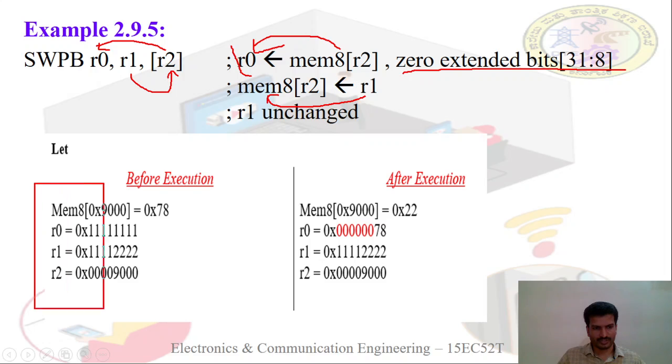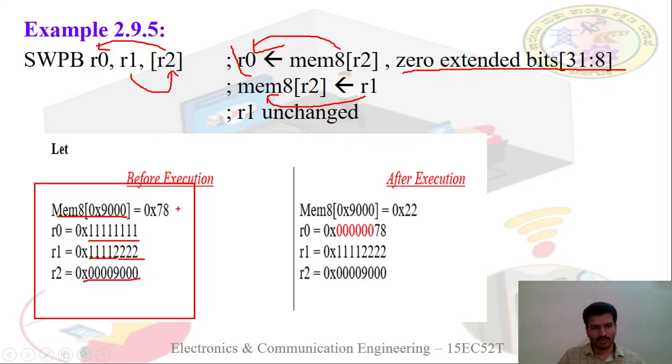Consider before execution the memory location 9000 contains 78, R0 contains 0x11111111, R1 contains 0x4142, R2 contains 9000. After execution, from memory to R0, whose address is held by R2. R2 contains 9000, that is the memory address.